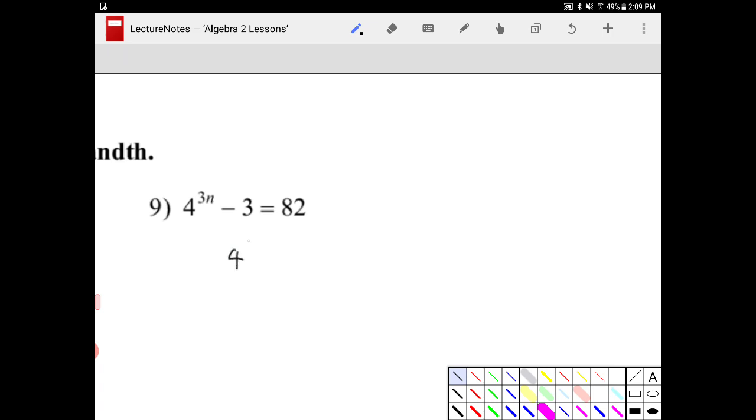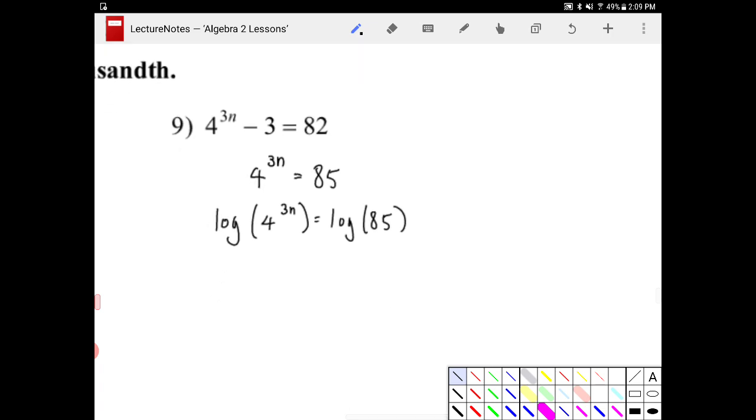If I do that, I end up with 4 to the 3n is equal to 85. At this point, I'm going to apply the power rule again, and by doing so, the exponent comes out. I get 3n log of 4 is equal to log of 85.